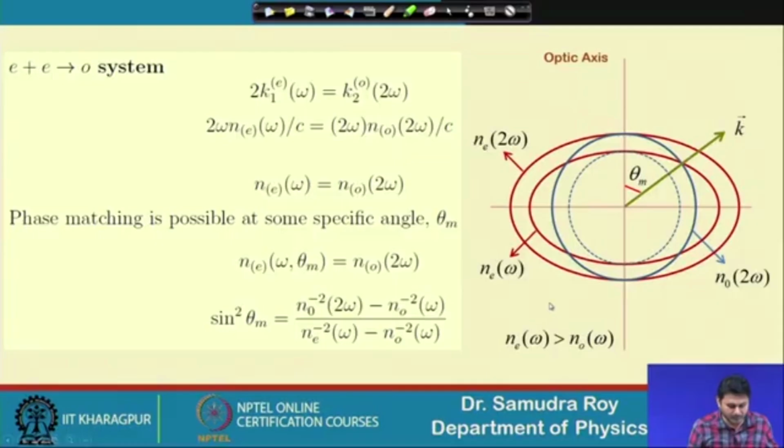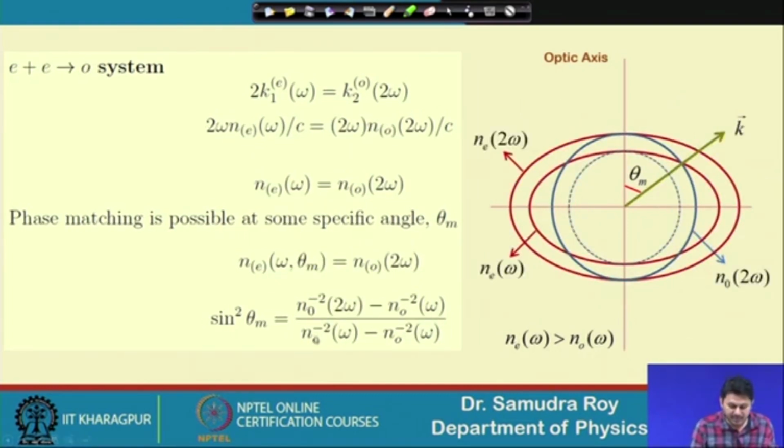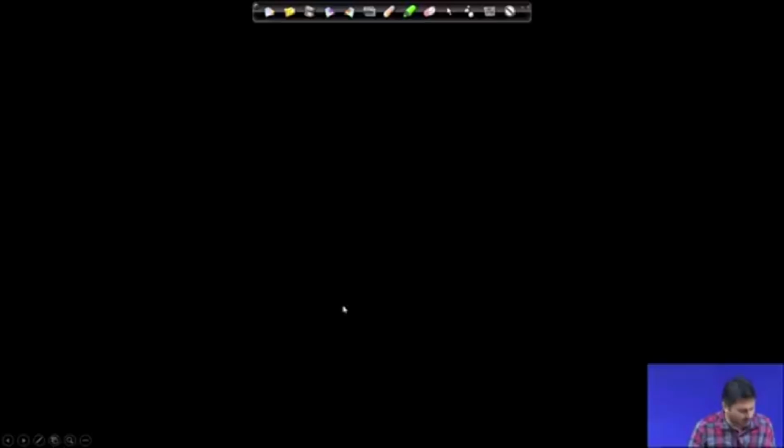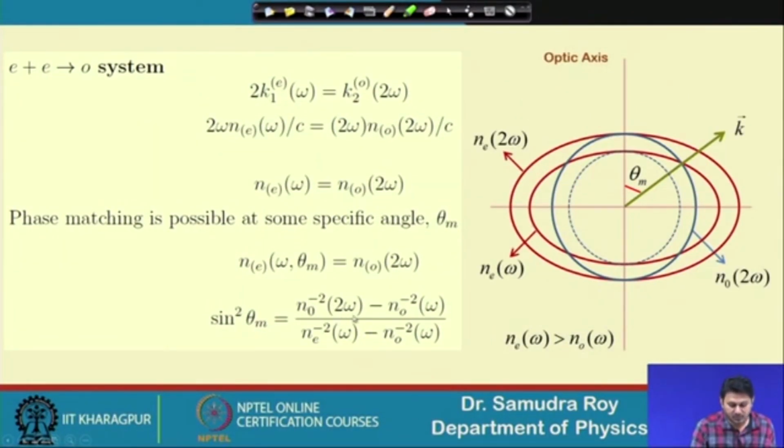So, go back to this expression once again. Here it is n_o to the power minus 2 at 2 omega, and then in the denominator we have n_e and n_o. What happened in this case? It is n_o, n_o, n_o, n_e, but if you look carefully, here we have omega in the previous case, and in the later case we have 2 omega.